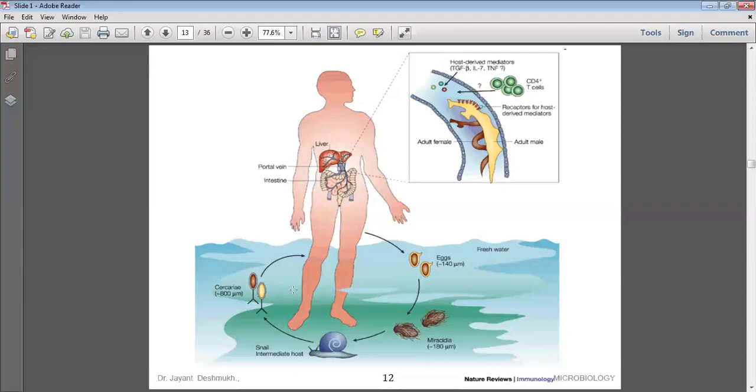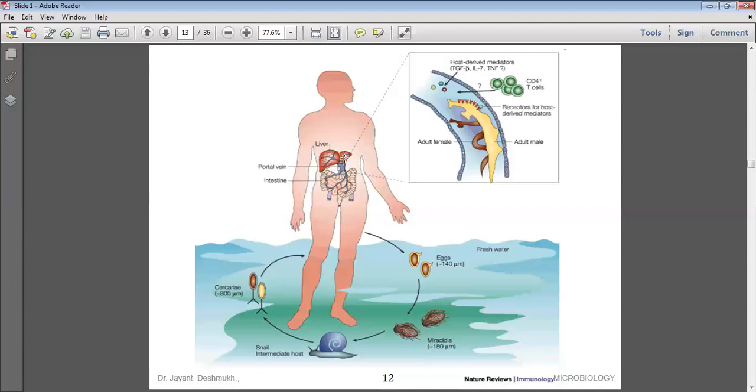Then this schistosomula enters the peripheral venous circulation, goes into the lung, and through the lung into the systemic circulation, then into the liver through the portal circulation. In the liver, these larvae develop into adult worms. It takes 6 weeks.